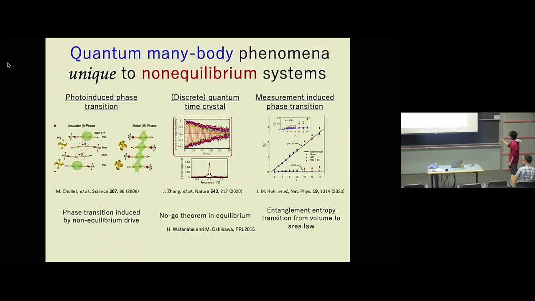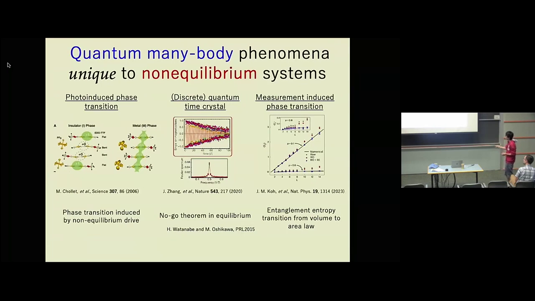There's another weird one, called a measurement-induced phase transition, where the amount of quantum entanglement the system has, which can be quantified by the entanglement entropy, can undergo a transition by strongly measuring the system, as a function of the strength of the measurement. It can transition from what's called a volume-law state, where the entanglement entropy is proportional to the volume of the system, to an area-law state.